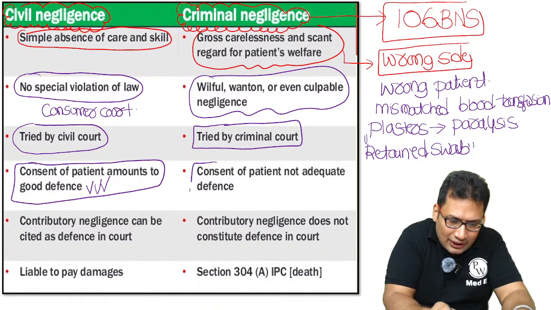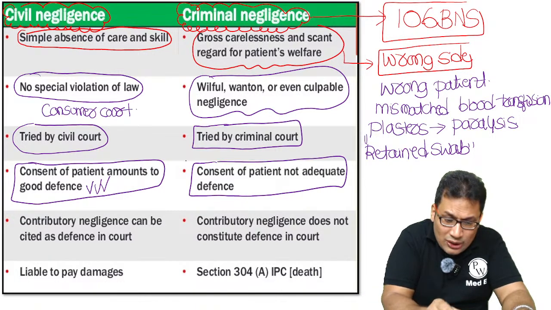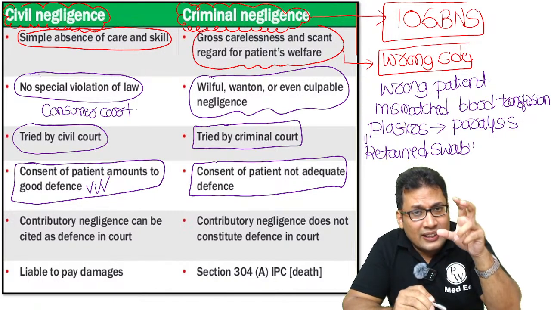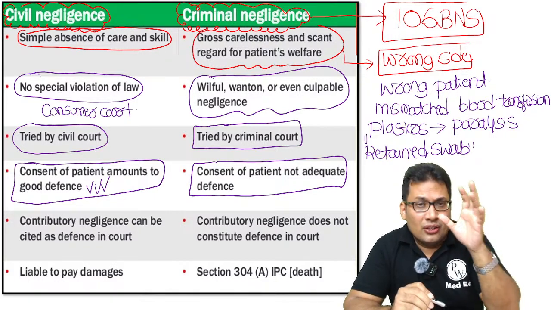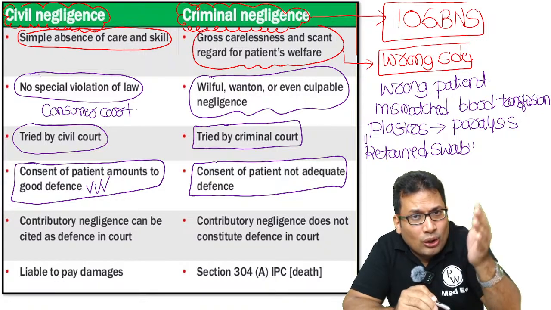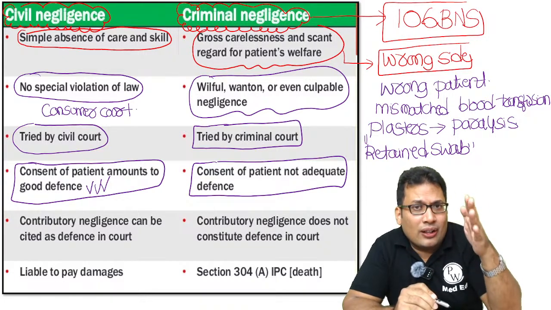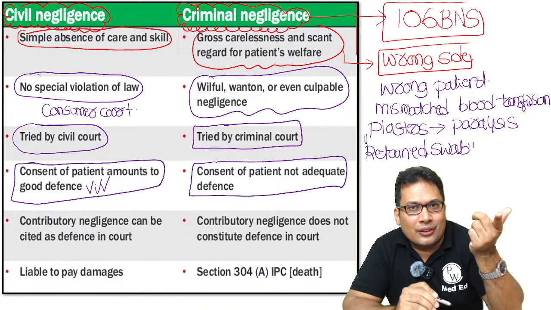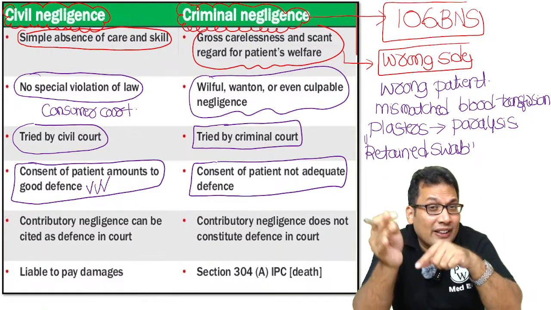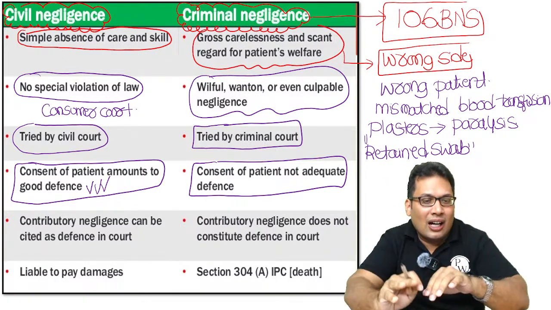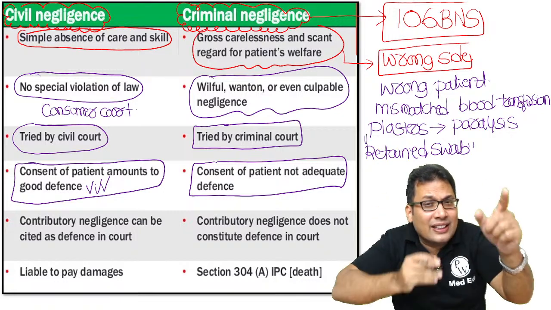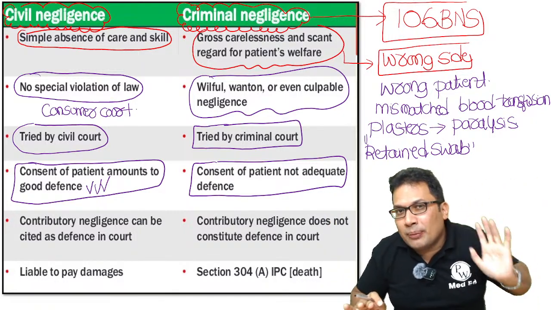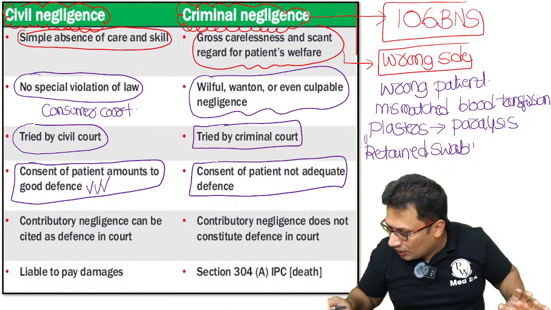As you know, consenting age in any medical procedure is 12 years, and for any surgical procedure 18 years. Consent taken for a particular procedure or operation is a good defense in civil negligence. But when there is gross negligence or criminal negligence, consent is not a good defense. That is not going to protect you from imprisonment. So this is what you need to understand.